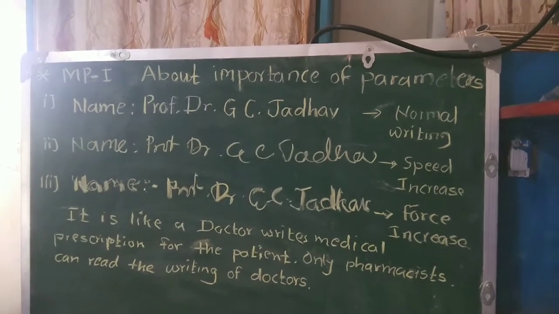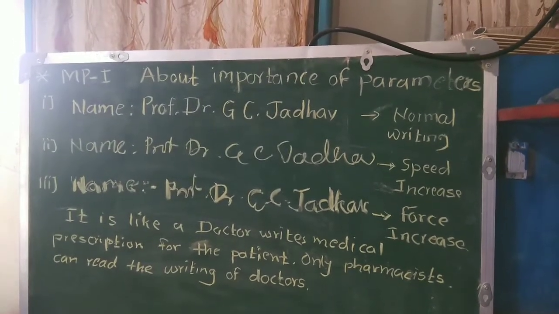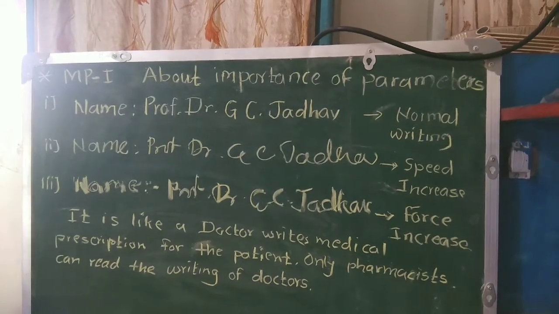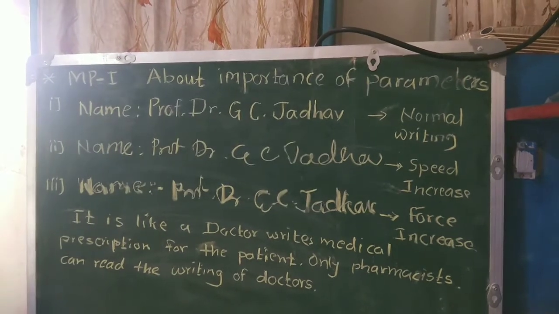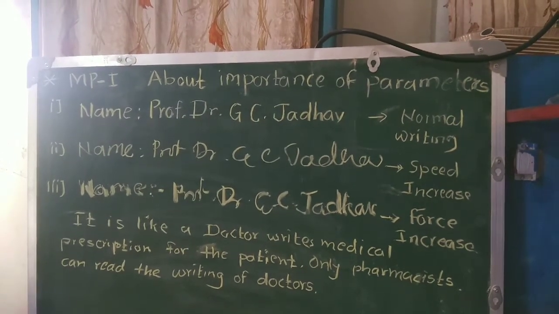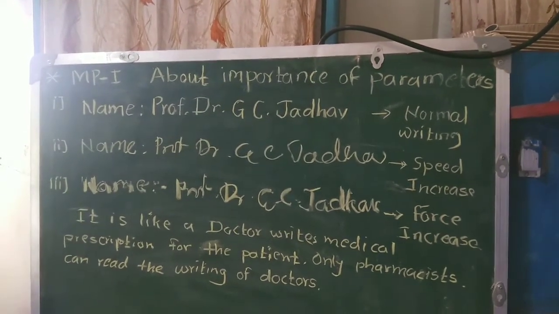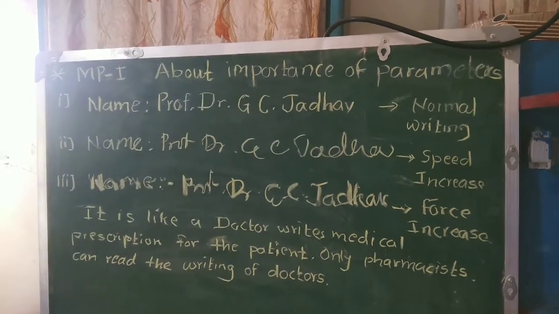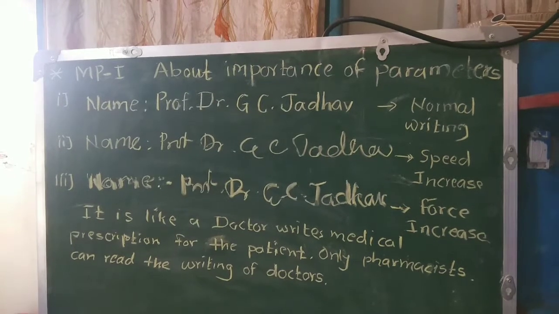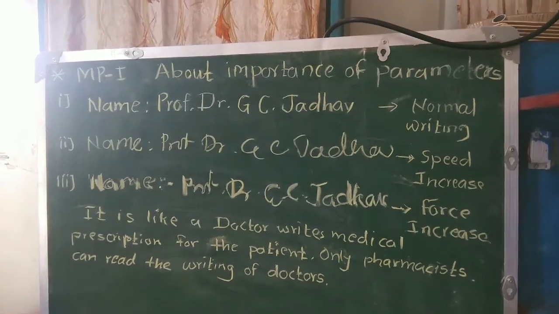You see Professor Dr. G.C. It is not readable. Then again I increase the force of the chalk, and again it is not readable to you. It is just like a doctor writes on a medical prescription for the patient. Only the pharmacist can read the doctor's writing.